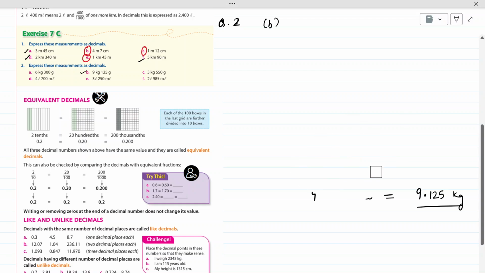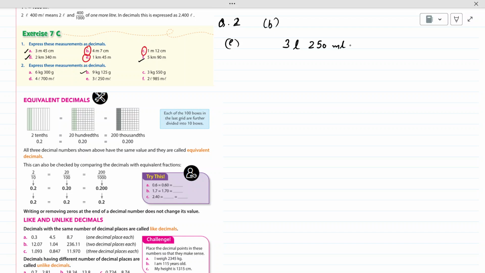Next, I'll pick one more question which is of different units. Let me pick the E part, which says 3 liters 250 milliliters. So kids, again, 1 liter is equal to 1000 milliliters, and we have to find how many liters are there in 250 ml.